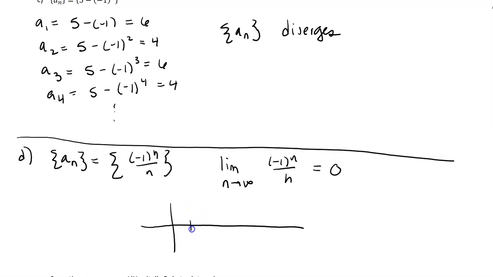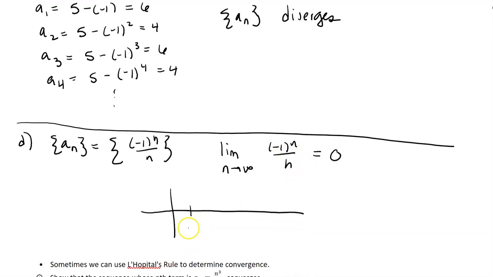So at 1, we would have negative 1 over 1, so that's negative 1. At 2, we would have positive 1/2. At 3, we would have negative 1/3, and so on. So you can see that it is approaching the number 0. It's just doing this back and forth motion to get there. But that limit still exists. So we would say that this one converges to 0.